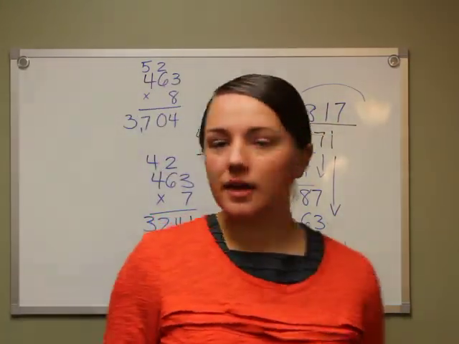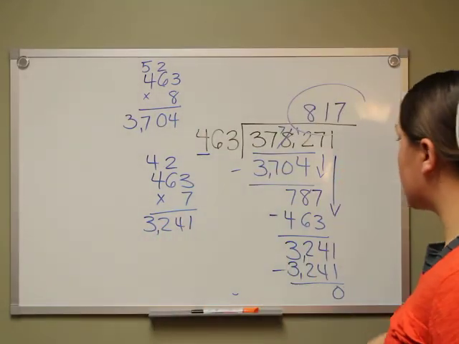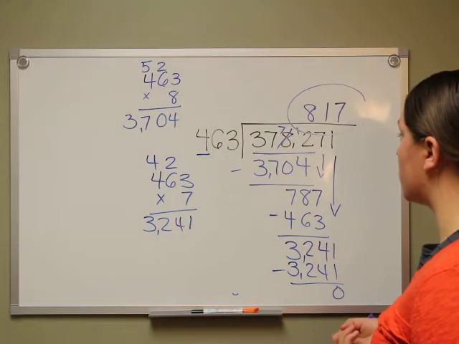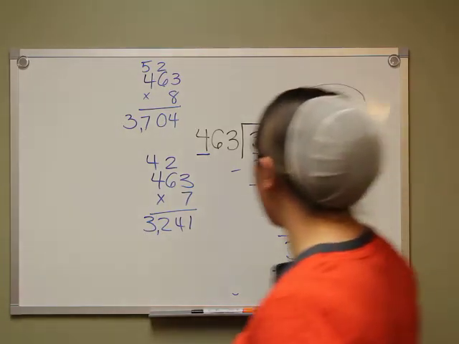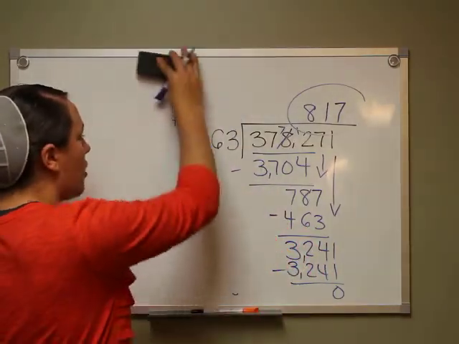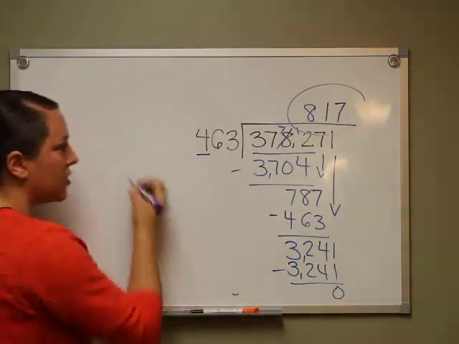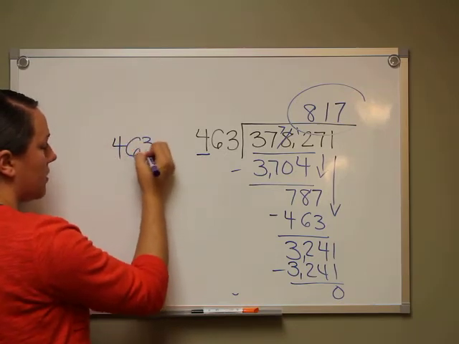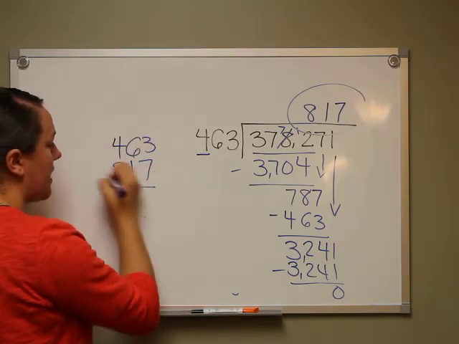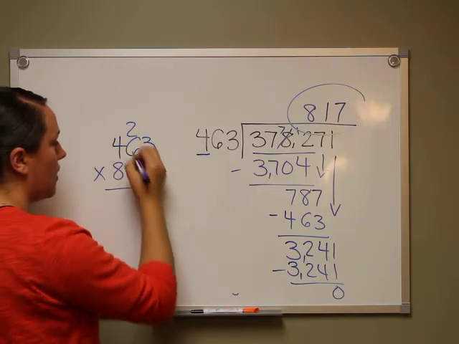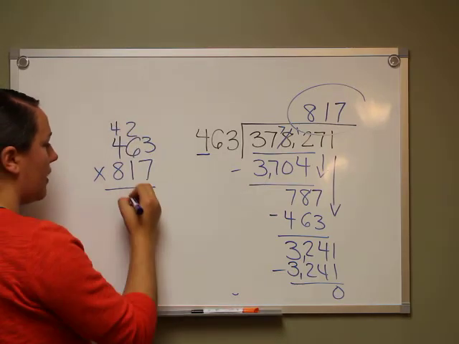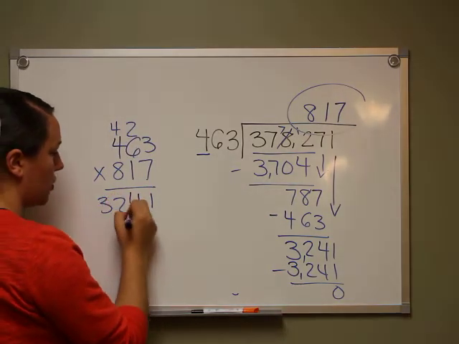Remember, you're estimating. Remember to multiply carefully, and then check your problem when you're finished. Let's go ahead and check our problem by going 463 times 817. 7 times 3 is 21. Here we have 44. Then we have 32.